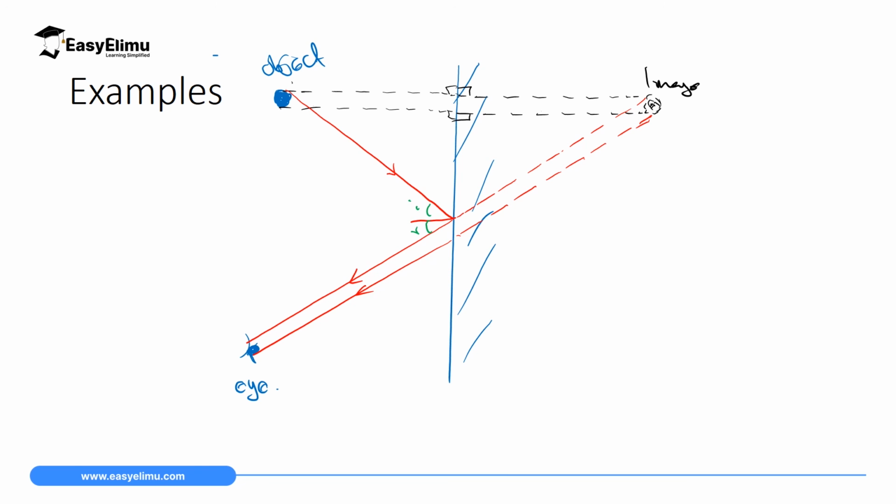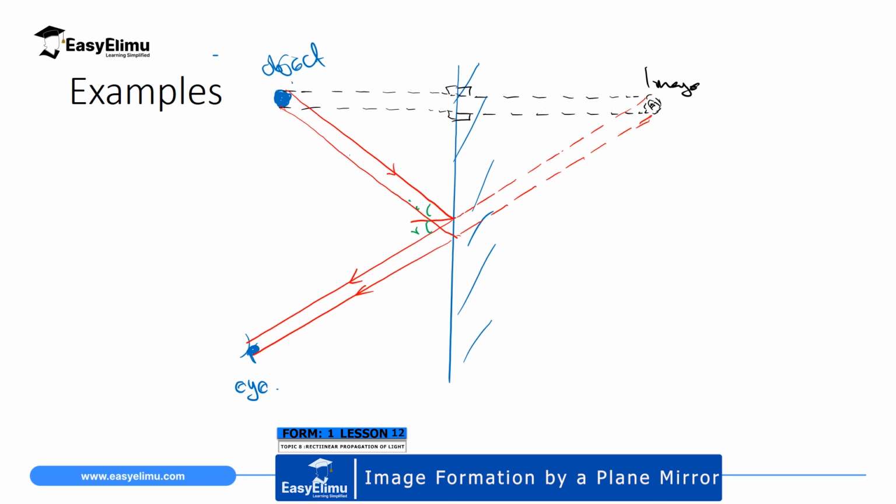And then the lower ray which comes from the lower part of the image will also come from the lower part of the object in such a way that it's in a straight line to the mirror. Let me draw it with red, excuse me. So if I draw it with red, this ray will come from below this object like that and join this ray which is coming from below the image like that.